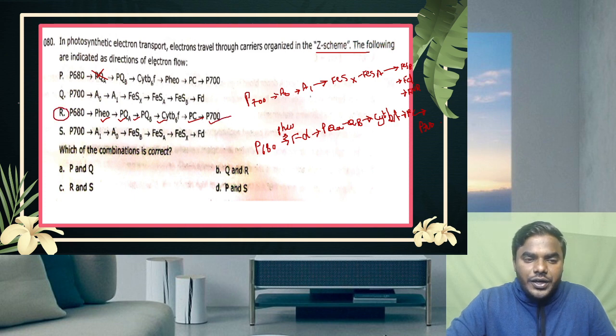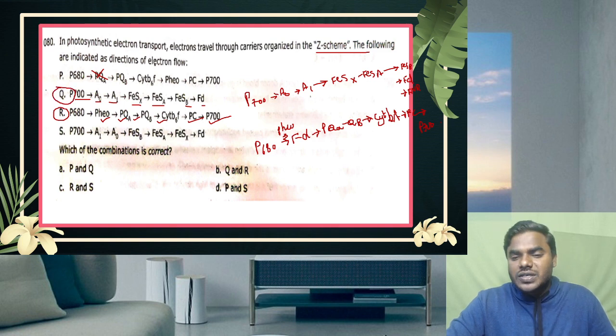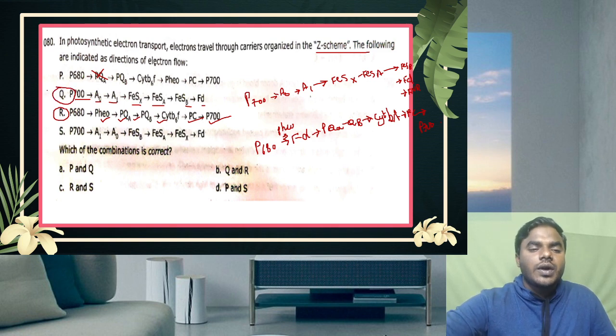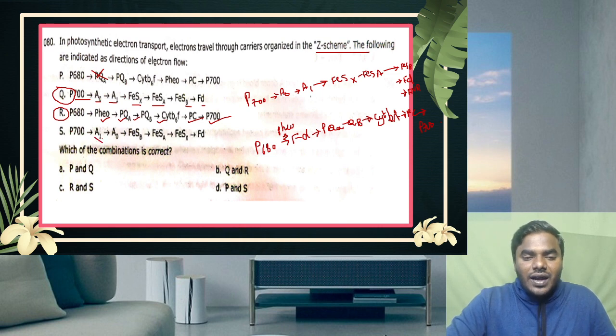R is absolutely true. P700, after that A0, A1, iron sulfur X, A, B, Fd, FNR, NADP. Absolutely true. Q is correct. R is also correct. Now the option with P700 to A1 directly is absolutely wrong. Hence, my friends, Q and R are the correct answer.